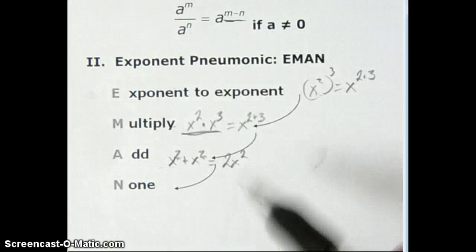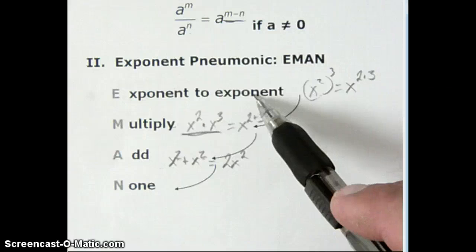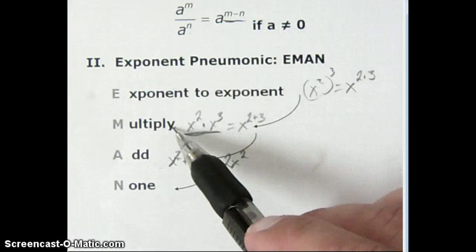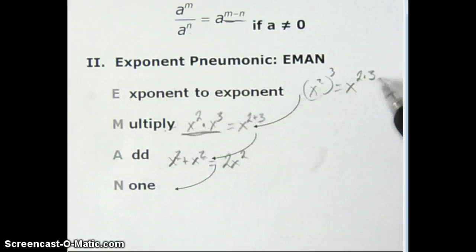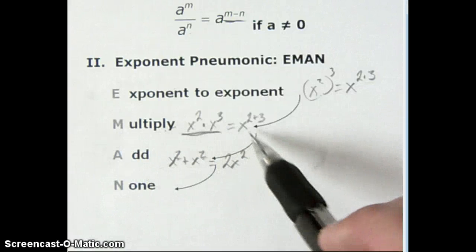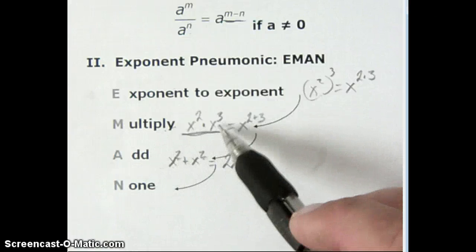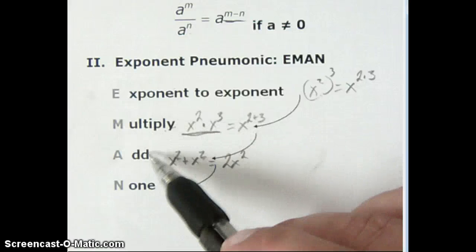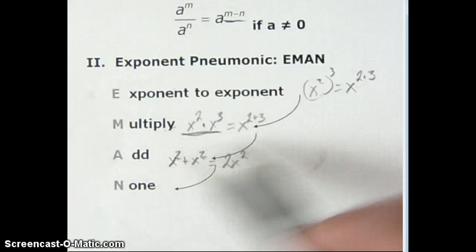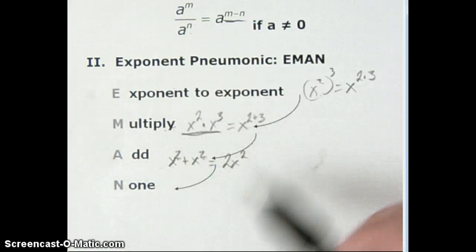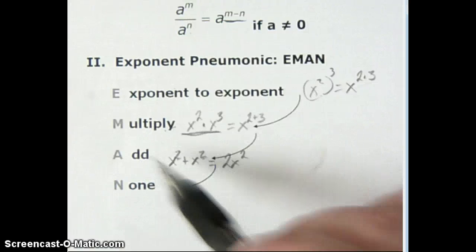If we're at the exponent to exponent law, the next letter in E-man says we multiply the two exponents. If we're at the multiply law of exponents, if I'm multiplying powers, then E-man says, right after the M, that we add exponents. And if you're adding powers, that's just combining like terms.